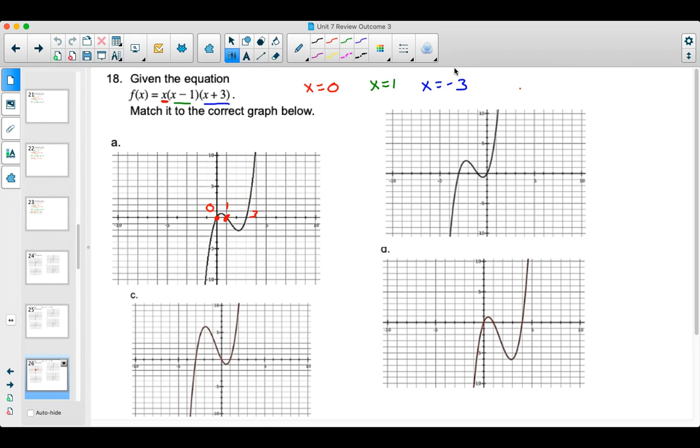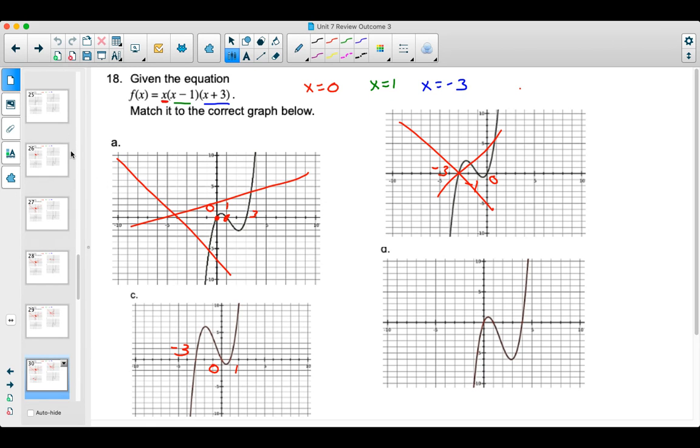For letter B here, we have -3, -1, and 0. We know we have a 0, but this should be a positive, not a negative. So that one doesn't work. Let's check letter C here. We have a -3, a 0, and a 1. That does match up. So all of those match, and that's going to be our solution.